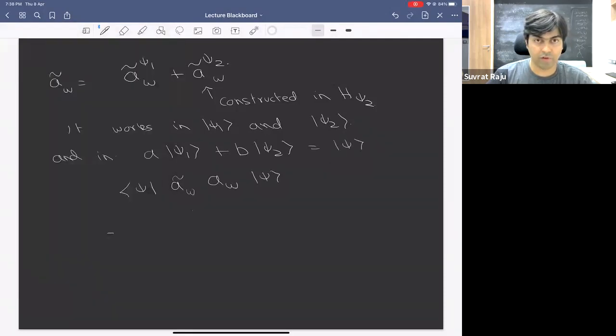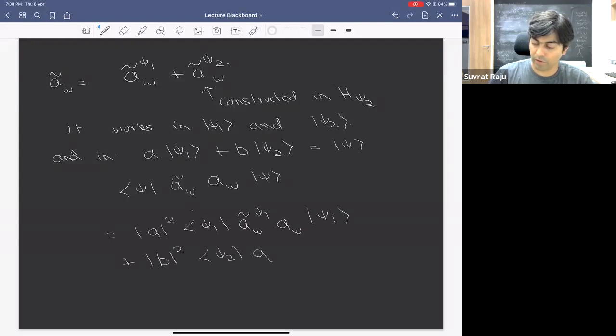You would first find the term mod a squared, and in this term, only this operator psi1 would count. Then you would find a term with mod b squared. In this, only this operator psi2 would count. And I'm dropping exponentially small terms here.